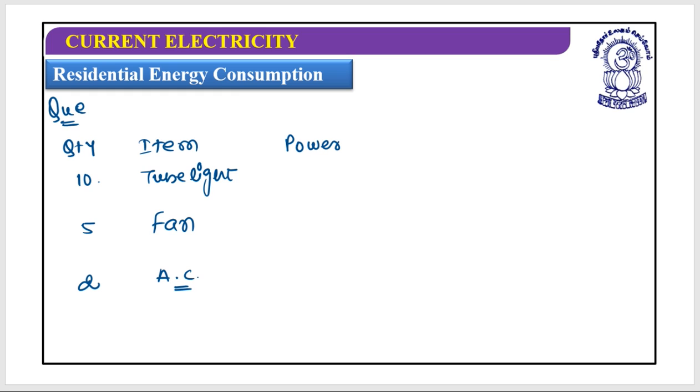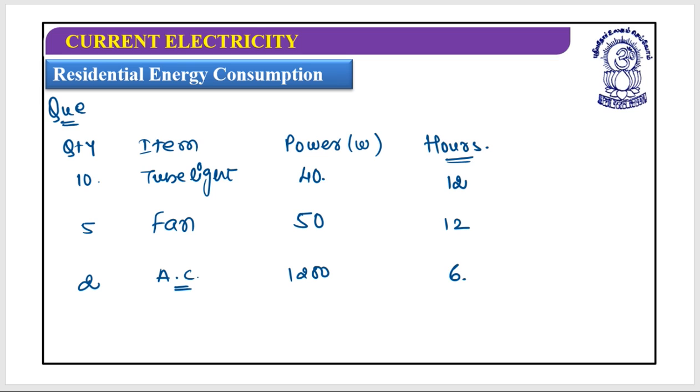Power: tube light each of 40 watt, fan each of 50 watt, these are all in watts, and AC is 1200 watts. Number of hours that we use it: tube lights are used 12 hours, fans 12 hours, and ACs 6 hours.